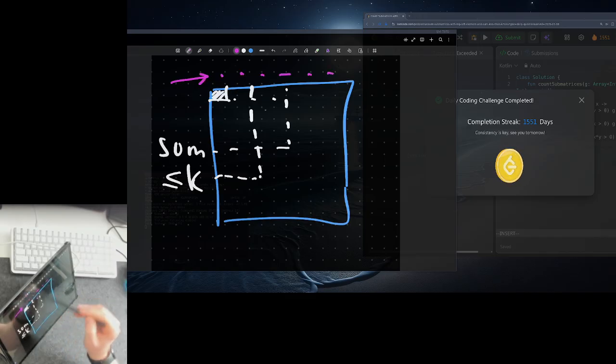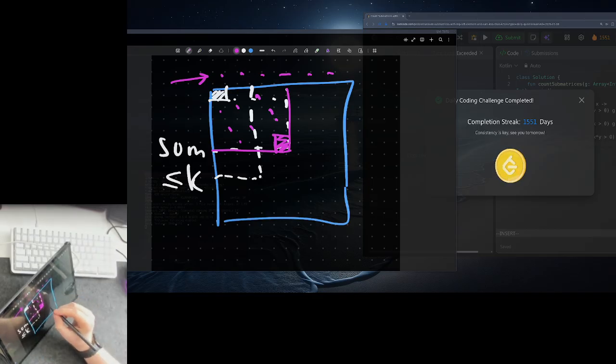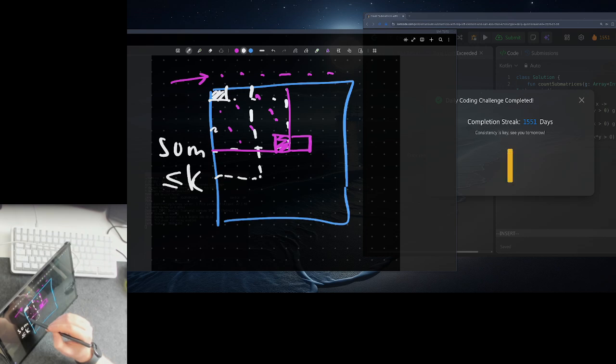calculate the sum, and then we can reuse the previous sum. So imagine we have this cell and we know the sum of this entire submatrix, and to count for the next cell we use the previous, maybe I'm wrong.